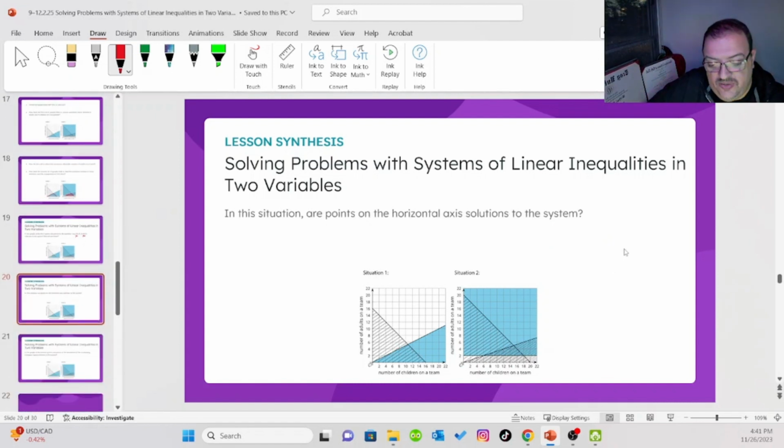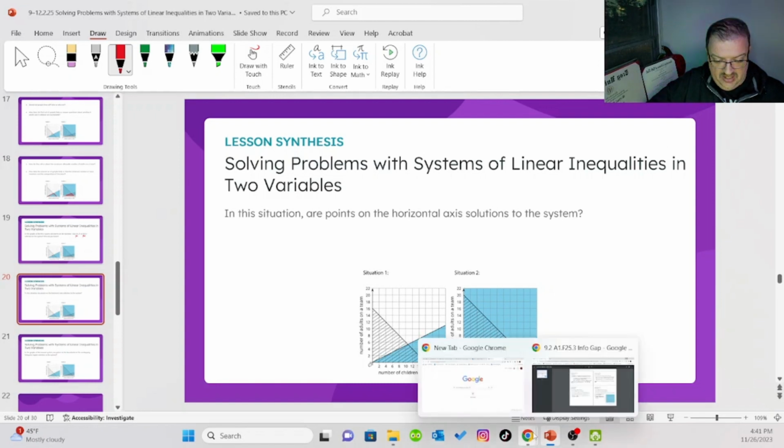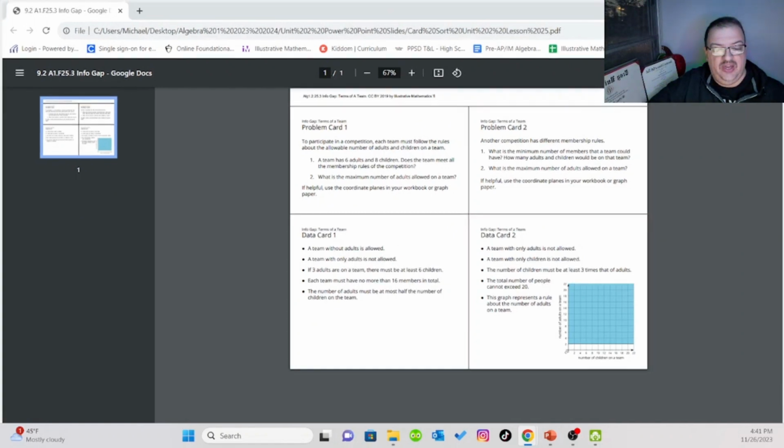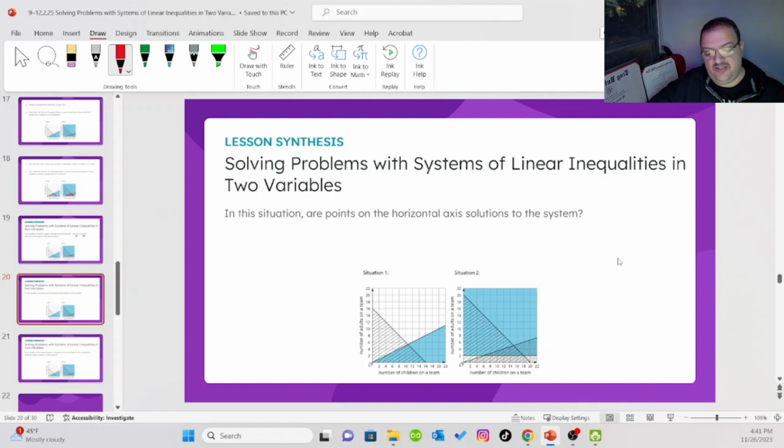In this situation, are points on the horizontal axis solutions to the system? So we looked at the rules, and the rule said a team without adults is allowed. And the horizontal axis is 0 adults.